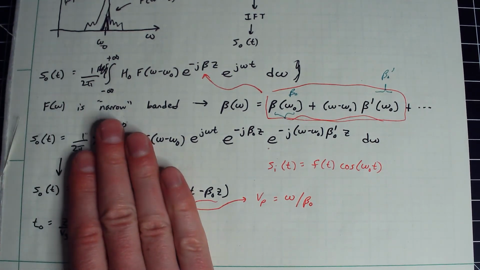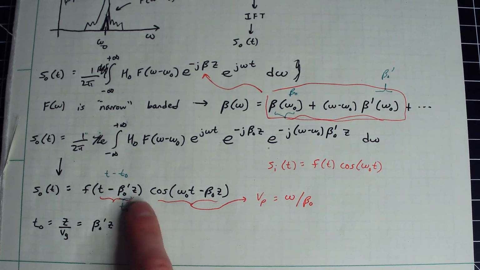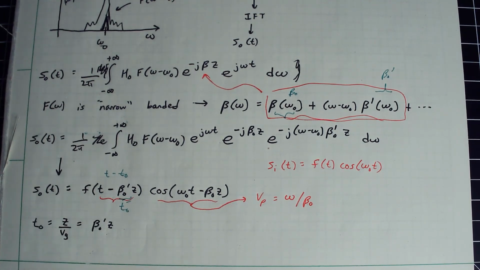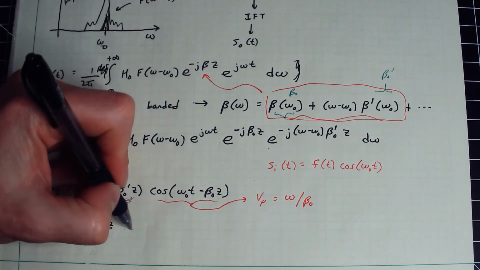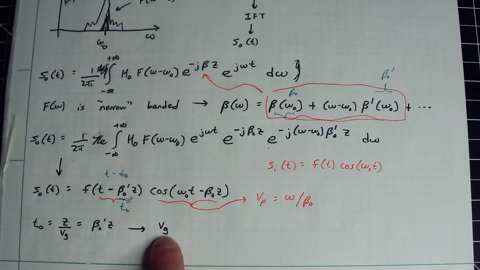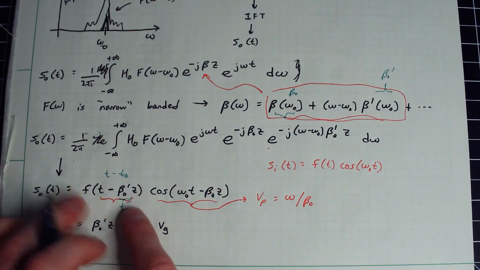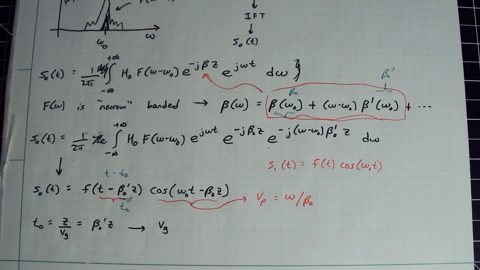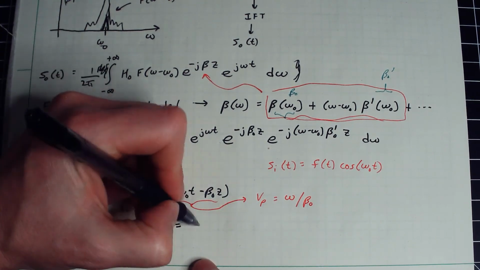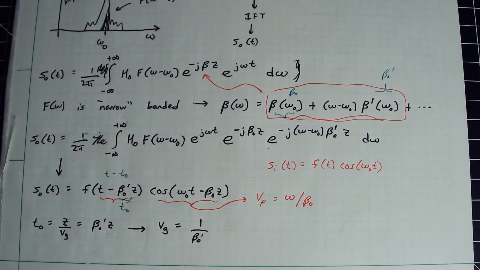So this is the definition of what that time delay should entail, right? There's a change in distance divided by a velocity implying a time, and the time delay satisfied this little expression here. You do a little bit of jiggering, rearrange, and what you find is the group velocity, the velocity of my perturbation, my modulation, is going to be 1 over beta naught prime.